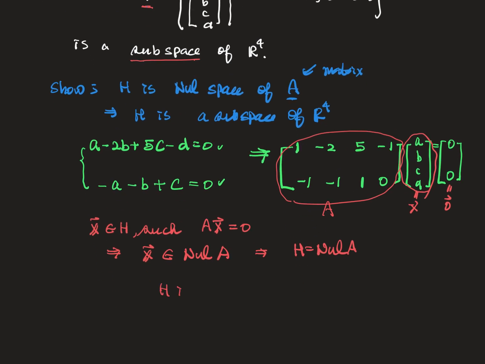So H is a subspace of R4. Guys, does that make sense? We used the theorem. So we find the matrix, and X is in the null space.